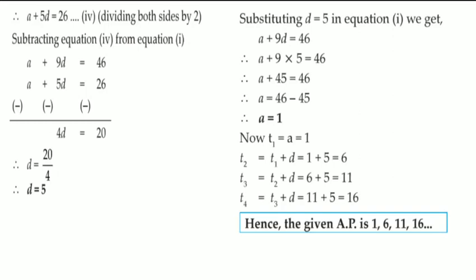T4 is equal to T3 plus D, that is 11 plus 5 is equal to 16. You need to write at least 4 terms. Okay. And from this we can write down the given AP as 1, 6, 11, 16 and so on. I hope you have understood this question. So please copy it down.